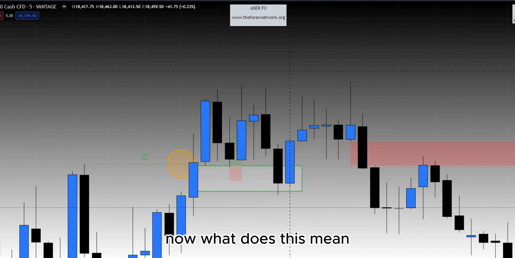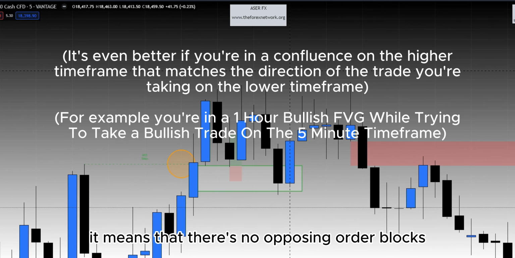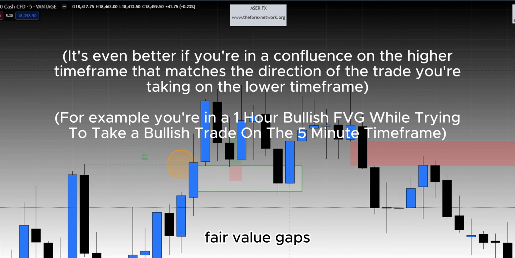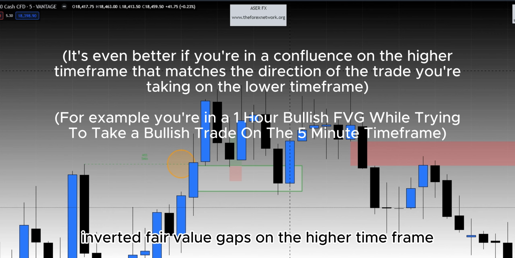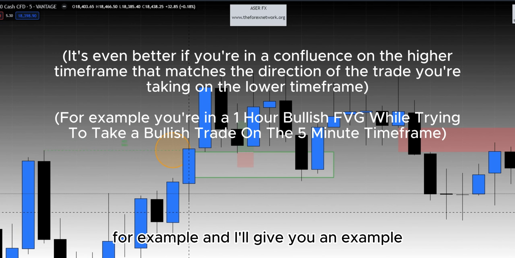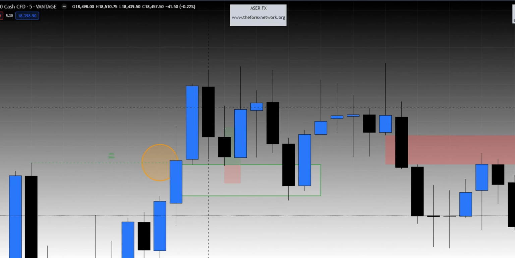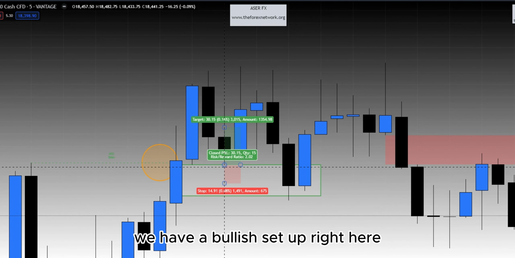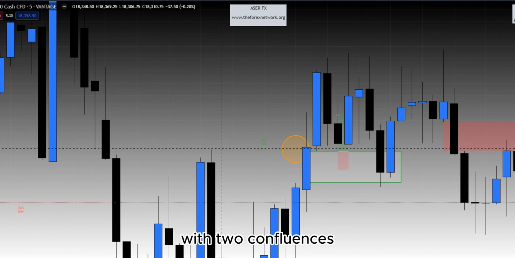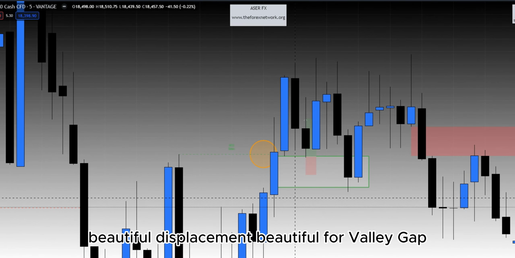Now, what does this mean? It means that there's no opposing order blocks, fair value gaps, or inverted fair value gaps on the higher time frame. I'll give you an example because I know a lot of people don't explain this, and I was confused too in the beginning. We have a bullish setup right here with two confluences, beautiful displacement, beautiful fair value gap.